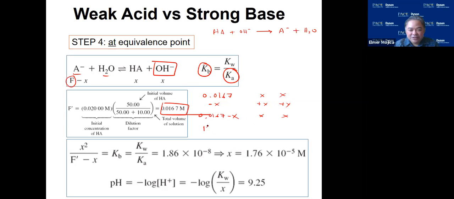And you have here the Kb, so you end up with x times x over 0.0167 minus x. Now you may ask, why Kb? Anyone? Why did we use Kb?